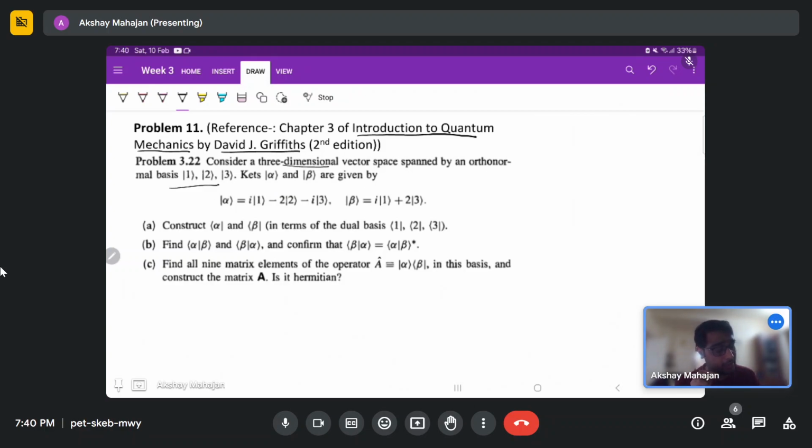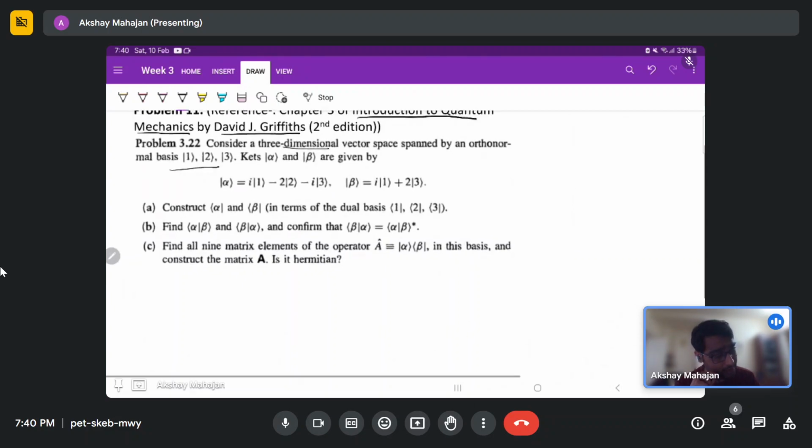What it means is that if we have any wave function, in Dirac notation we define the wave function in the form of these kets. There is also this bra notation, which is basically the complex conjugate kind of thing for these vectors.